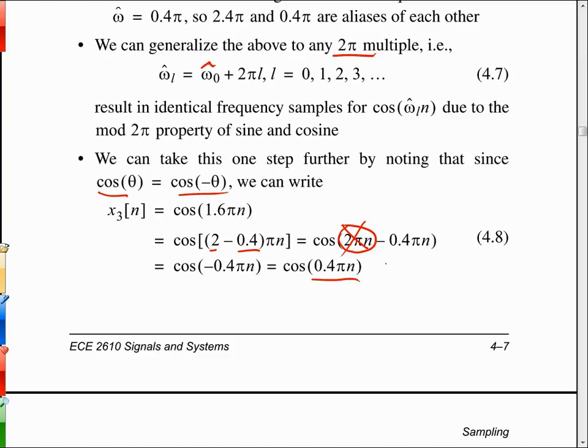So in reality, what we're saying is that we can take some original omega naught hat, and we can add or subtract multiples of k times 2 pi, and just take the absolute value so we get positive numbers, and all of those frequencies are valid. I mean, they all give the same sequence, is what I'm saying.